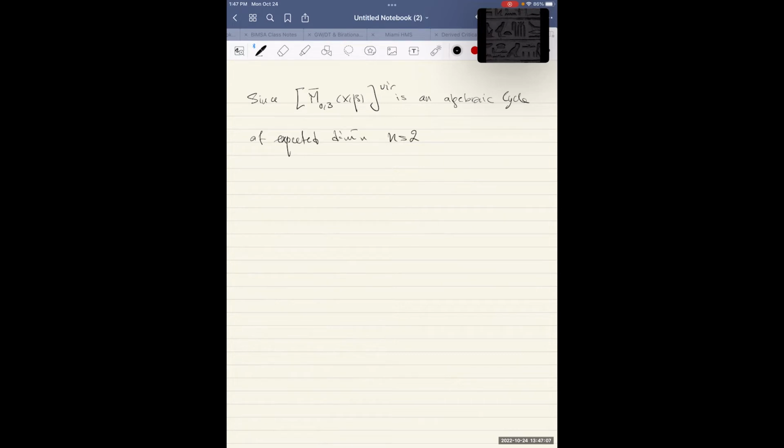We discussed the construction of this cycle a lot in previous sessions. So it has this expected dimension exactly.